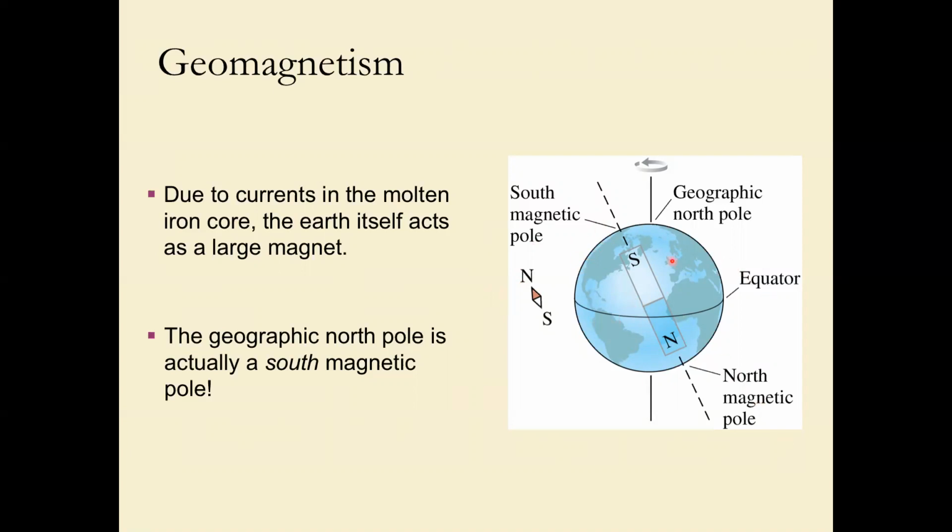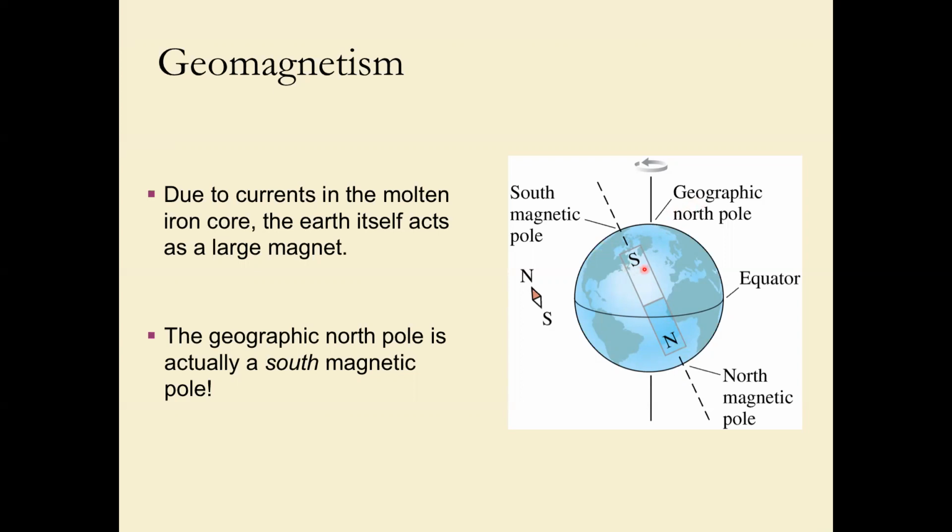When you look here, you see the geographic poles of the Earth. This is the geographic North Pole, and this is the geographic South Pole. However, when you think about Earth as a magnet, we see that its magnetic poles are offset slightly from the geographic poles of the Earth's rotation axis. So the geographic North Pole is actually a south magnetic pole, as you can see here.